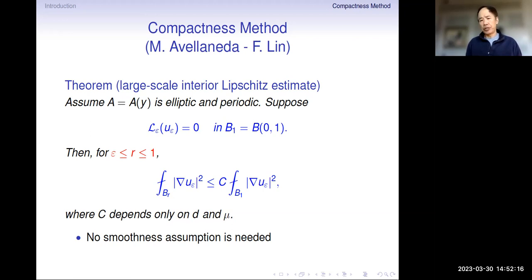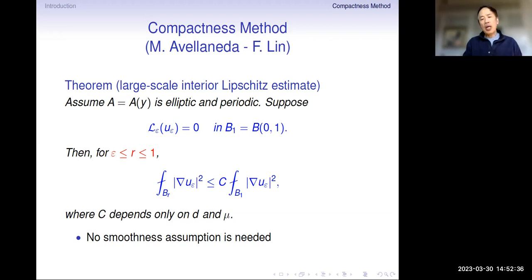Epsilon is the microscopic scale here. Anything below epsilon is referred to as small scale. Okay. So I'm going to talk about the proof of this theorem, the compactness method. So that's interior. It doesn't deal with the boundary here.